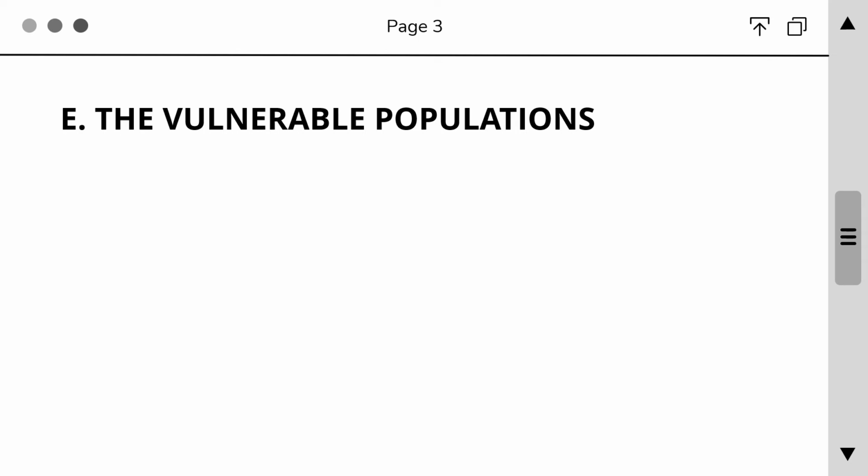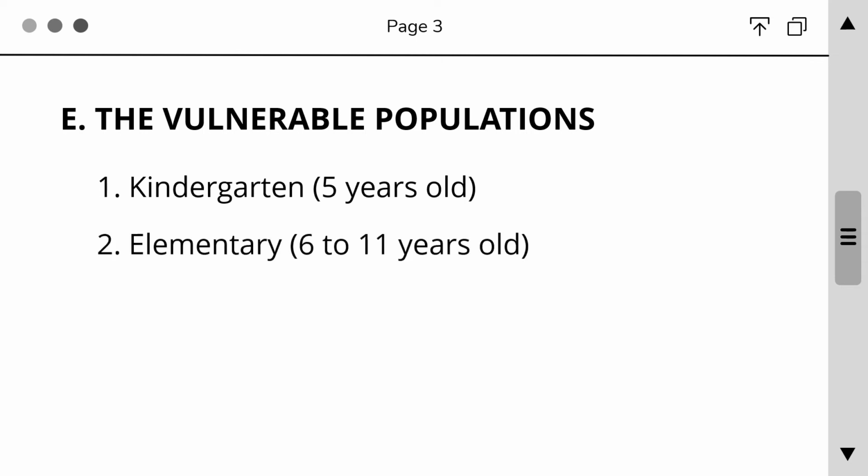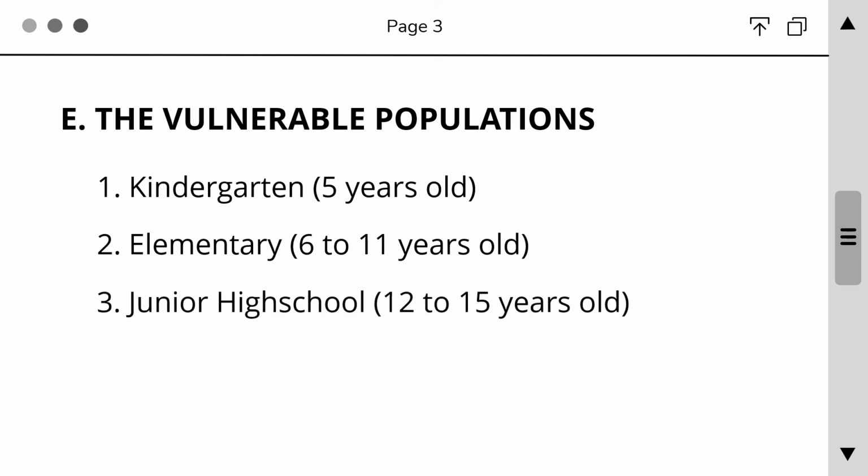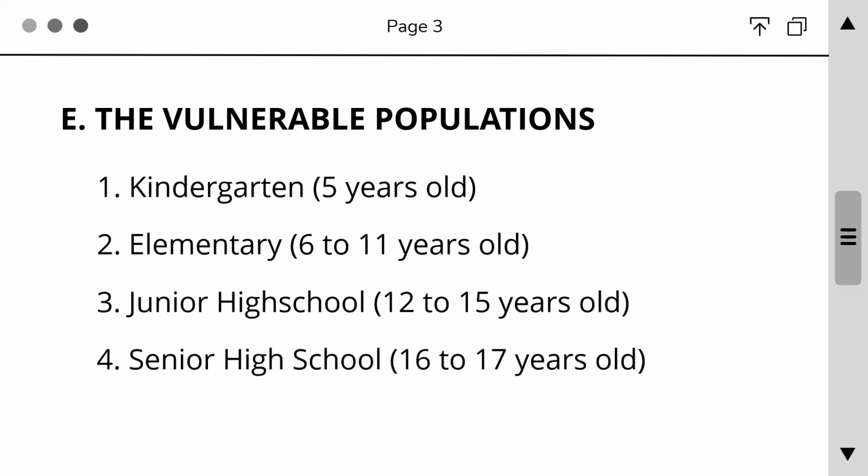Now, the following are the learners belong to basic education. Kindergarten pupils aged 5 years old, elementary pupils from 6 to 11 years old, junior high school learners from 12 to 15 years old, and lastly, senior high school learners who are commonly in the age range of 16 to 17 years old.